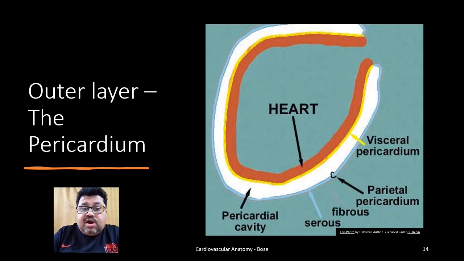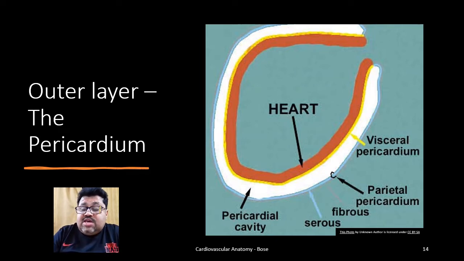The pericardium is anchored to the diaphragm inferiorly, and it blends with the connective tissue of the great vessels on the superior side. Now, between the parietal and visceral pericardium is a space. We call this a potential space.